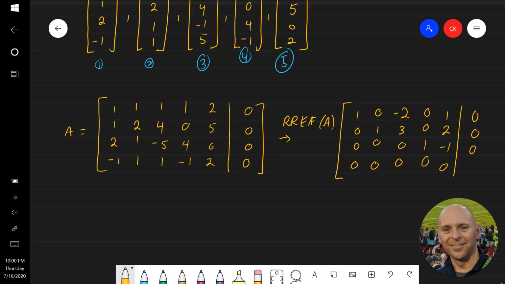Of course, our column of zeros for the homogeneous system. So you can see here that we do get some free variables in here, so it's not the trivial solution, which means that these are linearly dependent, which is not a surprise.